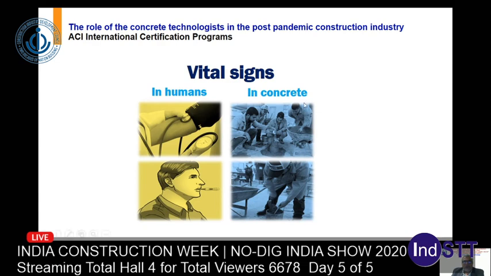So in the same way, knowing how to measure the vital signs of concrete is a very important issue for the concrete construction industry.